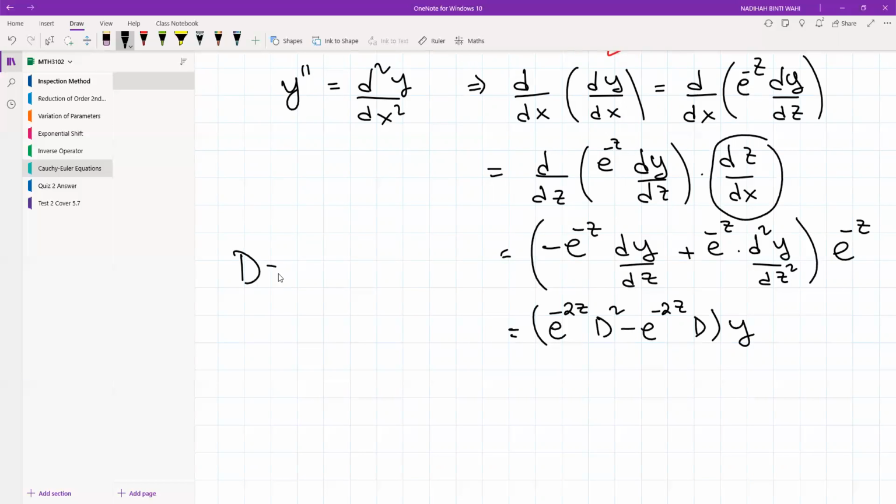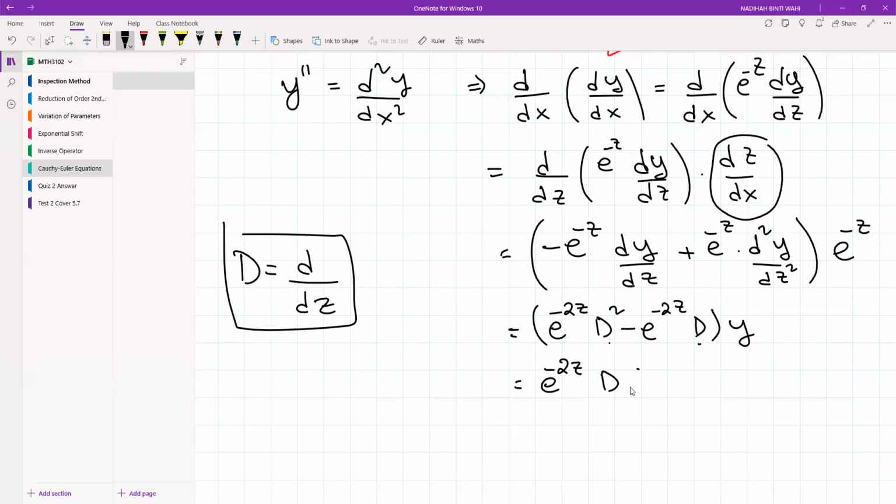Notice that D is now d/dz. Or I can factor out e to the minus 2z, giving D times (D minus 1) of y. So this is for y double prime.